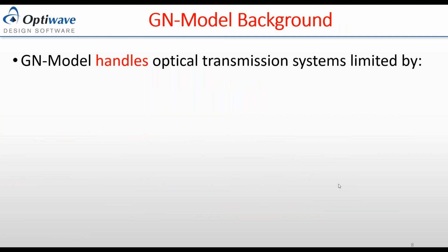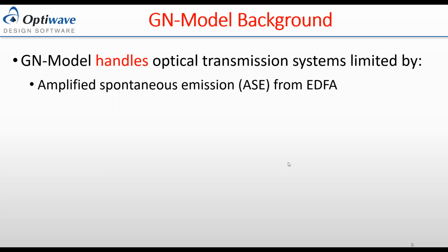Okay, some background here. The GN model handles transmission systems that are limited, as we saw in the block diagram, by the EDFA after each span. The EDFA has noise coming from amplified spontaneous emission, so all the noise due to spontaneous emission is modeled in the GN model.